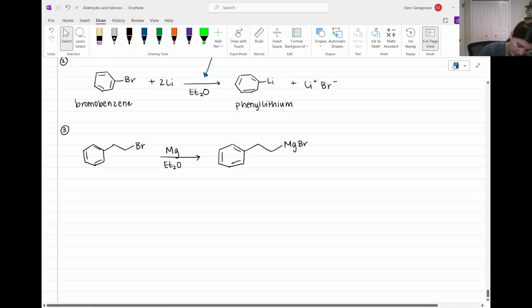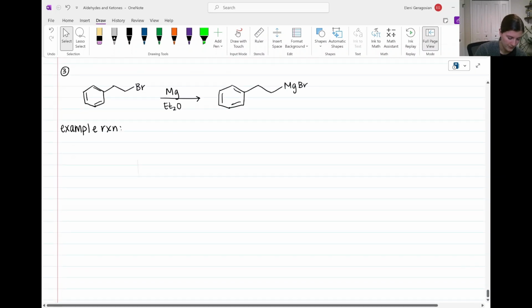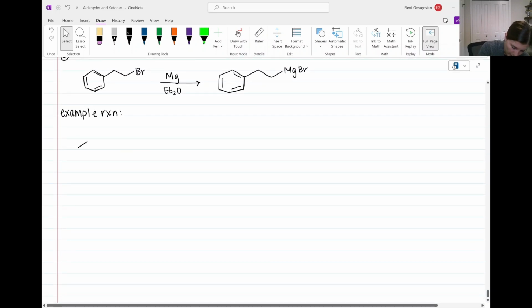So here's an example reaction to get our final product. So we'll start with chlorobenzene. We're adding lithium and THF, tetrahydrofuran. That is an ether solvent.